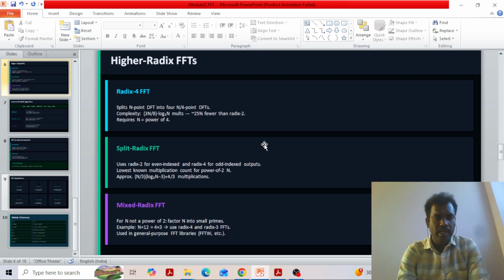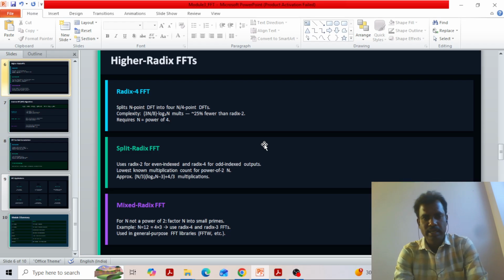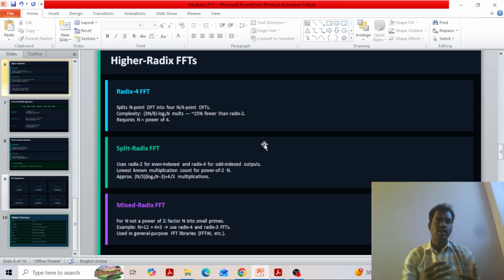But in radix 4 FFT, we split into 4 groups, 4 n by 4 point DFTs. N is divided into n by 4, so we get 4 groups. Then similar butterfly diagrams are applied. These butterfly diagrams are a little bit different, but they involve the same kind of operations. We split and add one time, and where we do subtraction, there we multiply with twiddle factors.